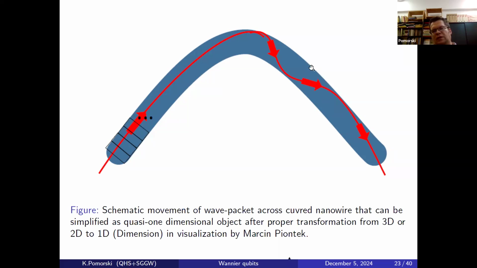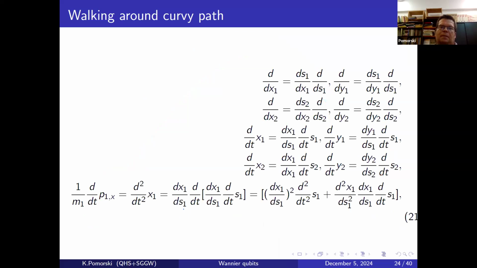There will be a small s parameter, which will be described later. This is basically the picture of how the wave packet is propagating in such systems. The reflection from the walls also takes place, but it is not naturally incorporated into the effective one-dimensional approximation.